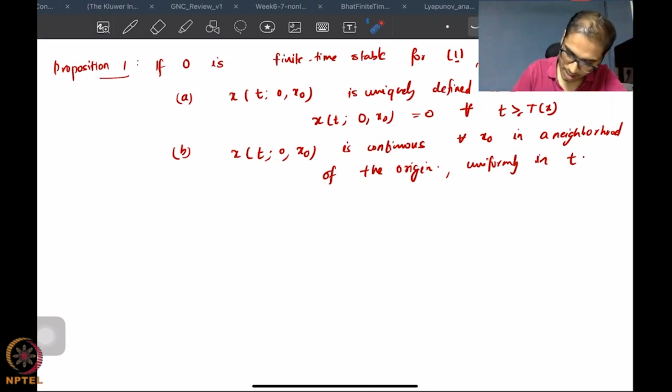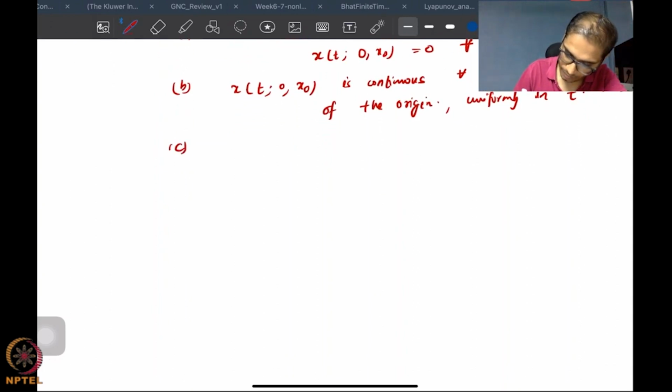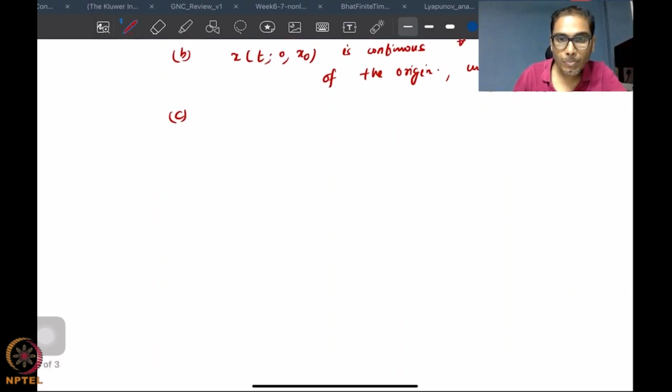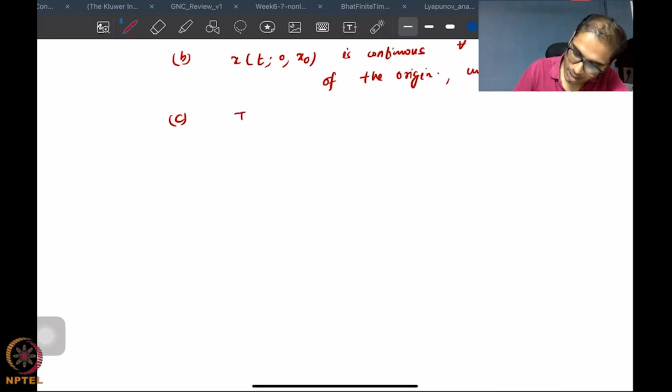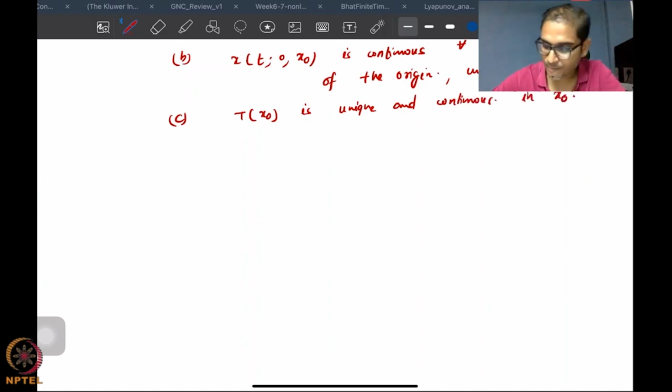And the final assertion of this proposition is that the function T of x0 is unique and again continuous in x0. So these are the important outcomes from the definition of finite time stability.